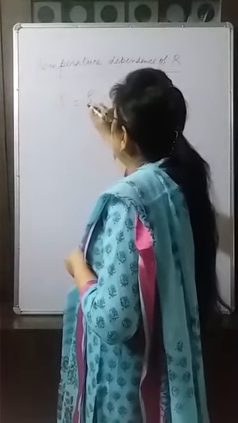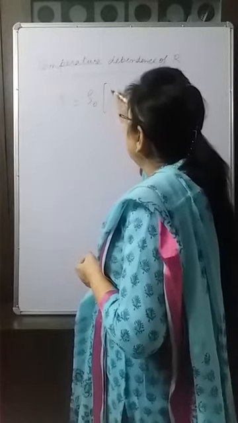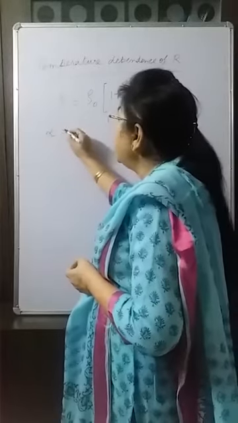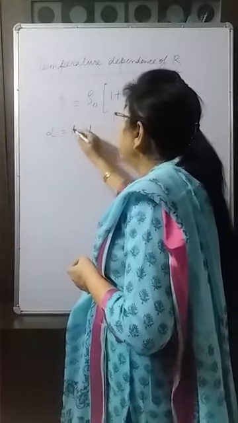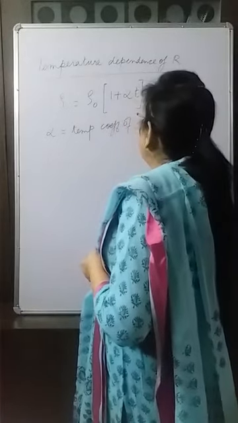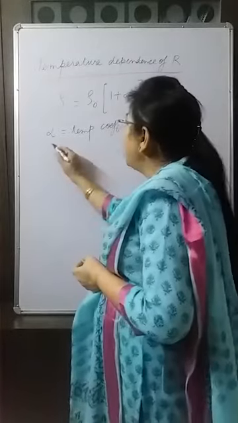Resistivity at any temperature is equal to rho0 (1 plus alpha delta T), where this alpha is again the same temperature coefficient of resistance.